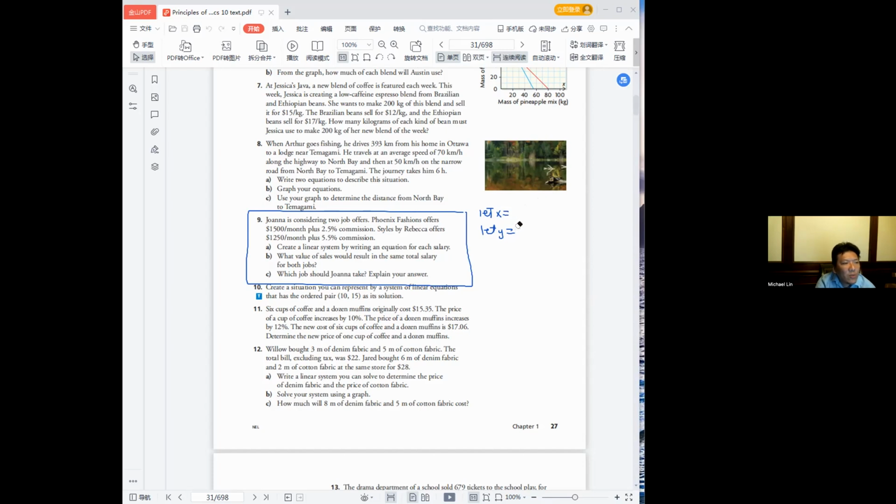Like $1,500 per month. Okay, let's take a step back and let's just consider Phoenix Fashion offers $1,500 per month plus 0.5% commission. Let's just consider this. Okay, forget this part. Let's just ignore that.